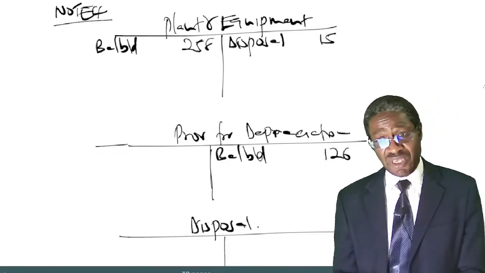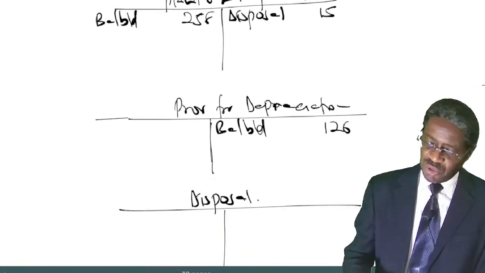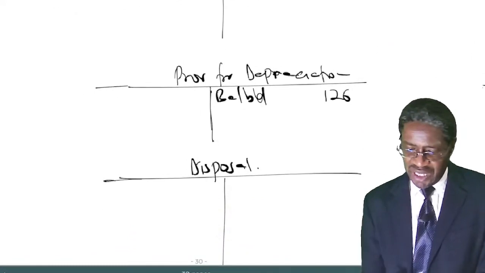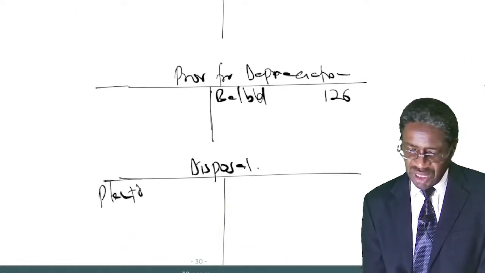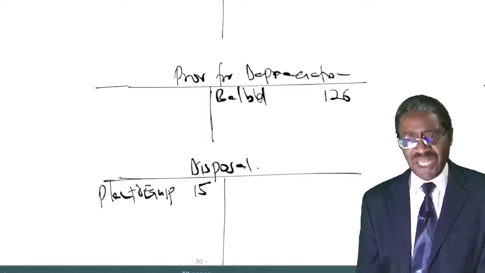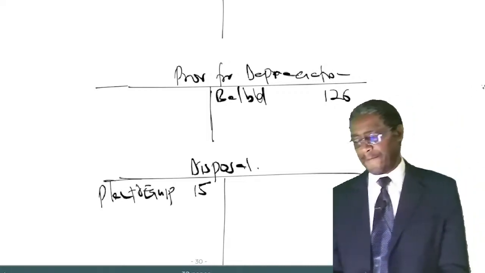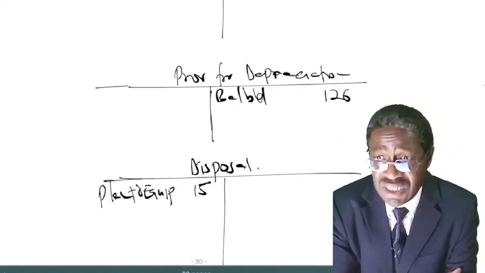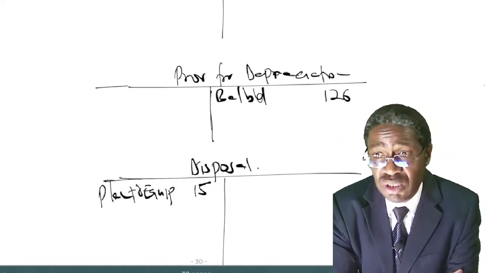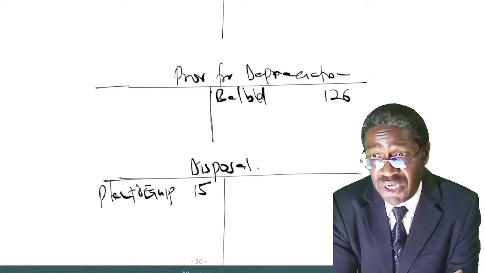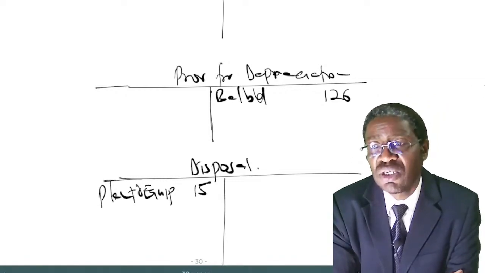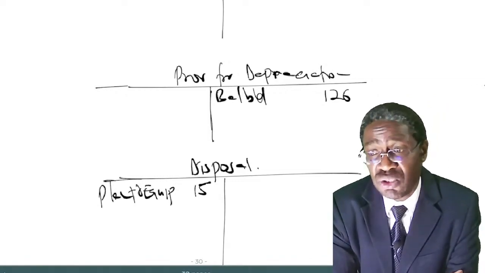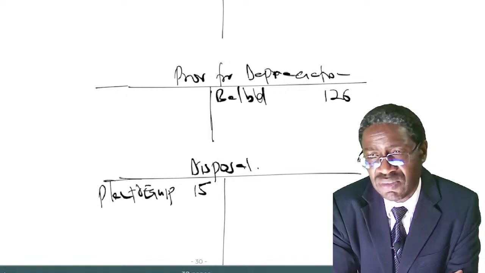The cost is 15 million and you debit disposal here, and you come and see your plant and equipment. That is 15. That was step number 1. Transfer the cost price of the asset sold from the asset account to the disposal account.